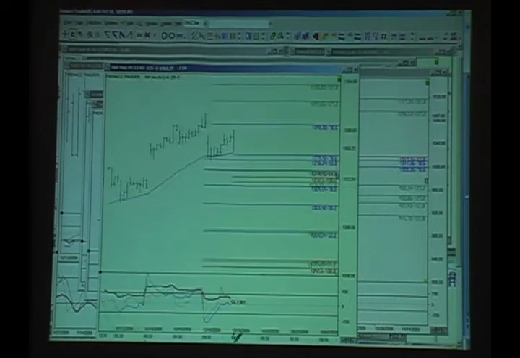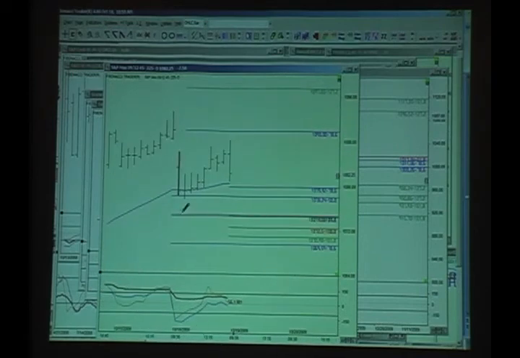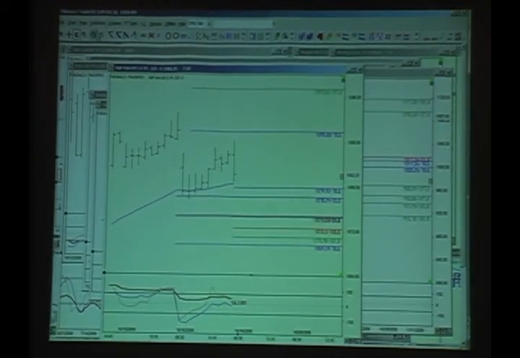Let me zoom in there a little bit. Okay? So this shows you where the different ratios come from. Let me find a trend line. Here we go. In other words, this is point B to C, 1272 to 1618, and then using the projection, the expansion tool, we're going A to B from C to come up with 100%.